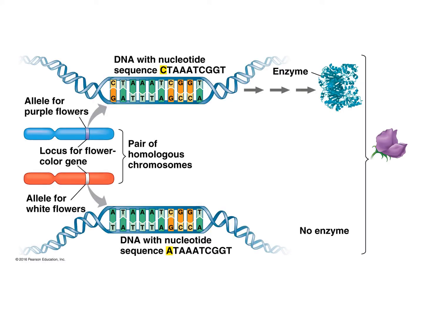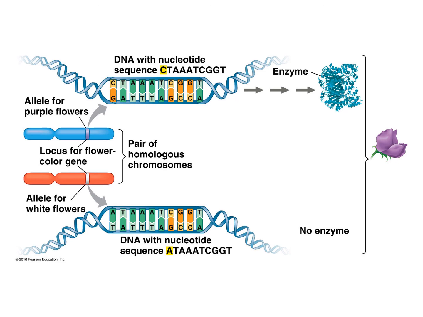In the case of the flower color trait, we know what gene it is, right? We found the gene on the P chromosomes. We know that each gene has a specific place on a chromosome where it's found. We call it the locus of that gene.